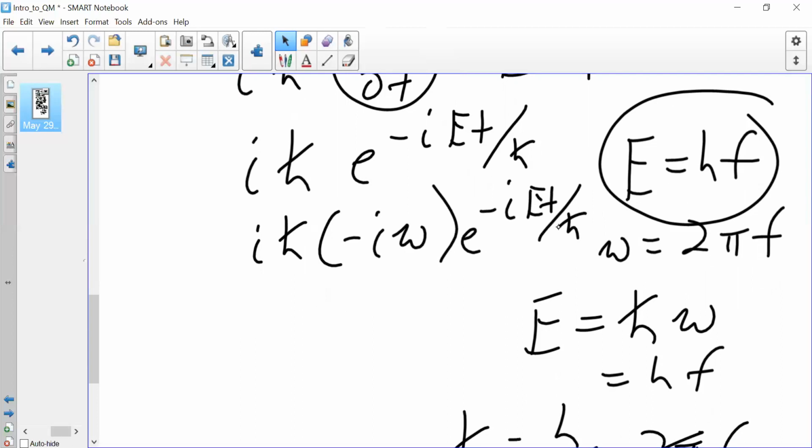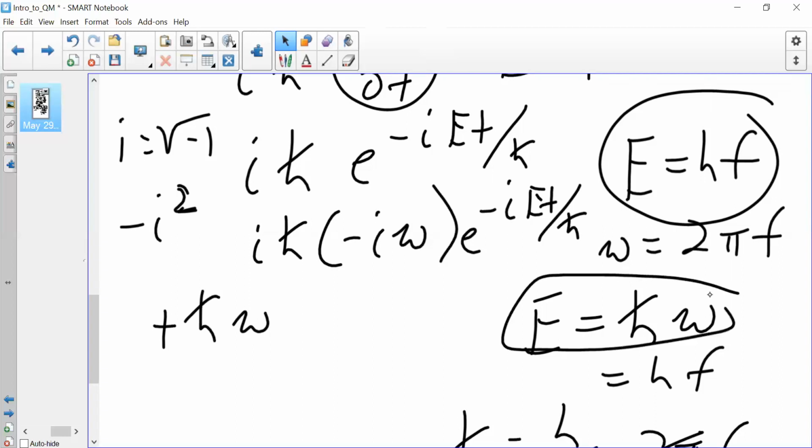Okay. So that's going to become negative i ħ omega, because i is equal to the square root of -1. If you square that, it's just going to be -1. And then negative of that is going to give you positive. So it's just basically ħ omega. We already know ħ omega is equal to E. So ħ omega, e to the iEt over ħ.